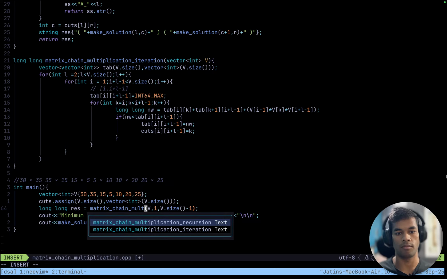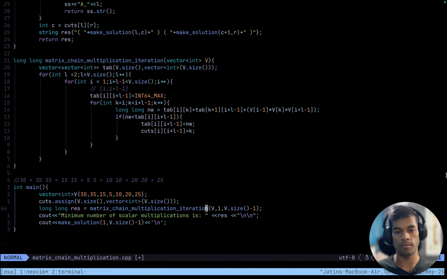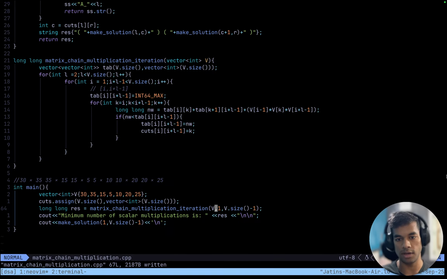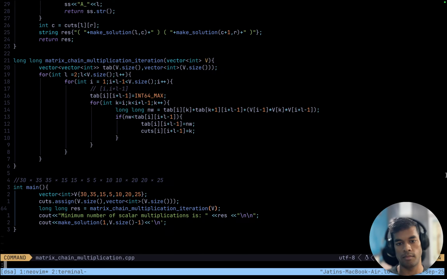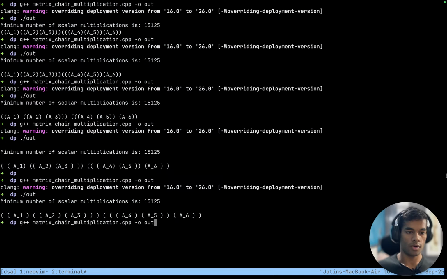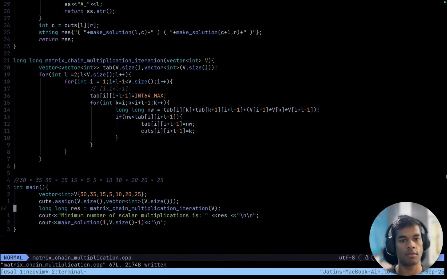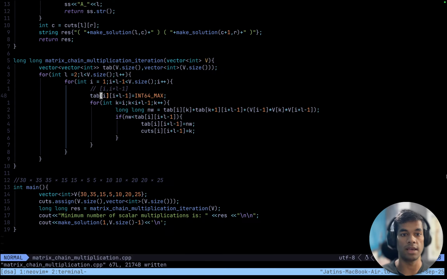Matrix chain multiplication iteration, and it doesn't need all of these stupid things. It just needs v. Hopefully it at least compiles. It does not compile, okay. Int64 max, which makes sense.